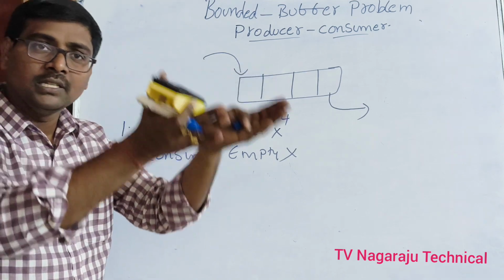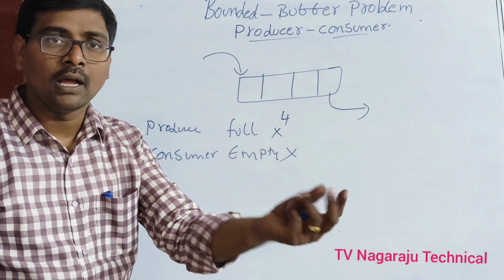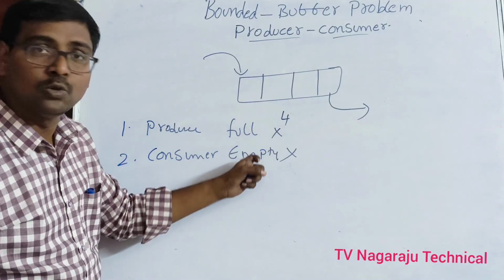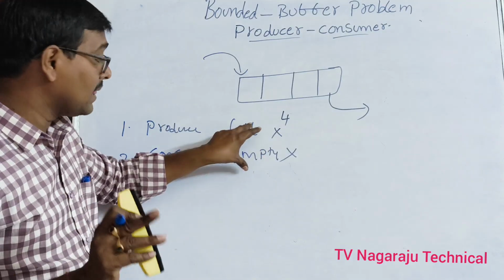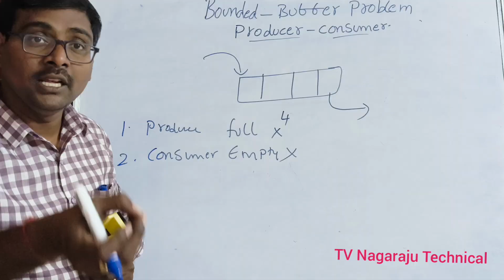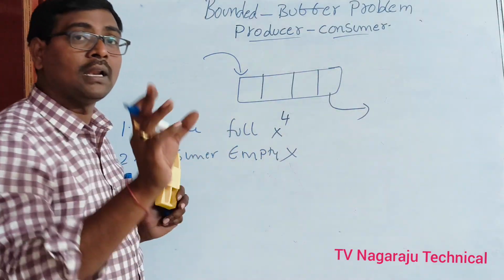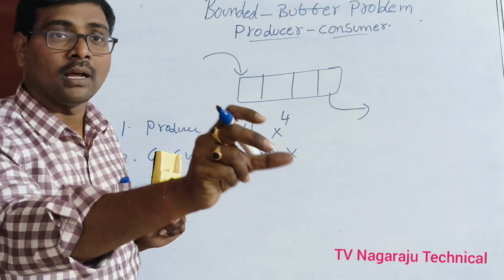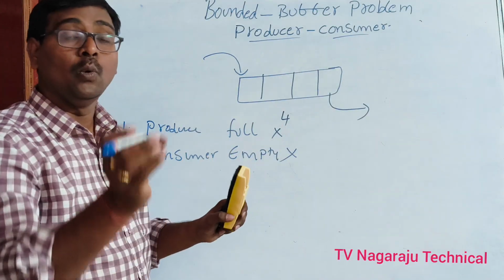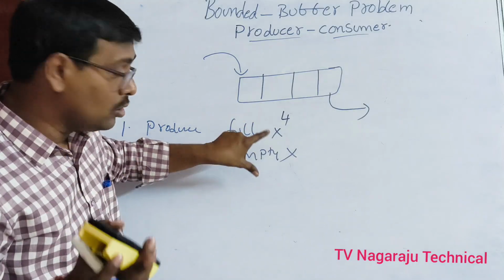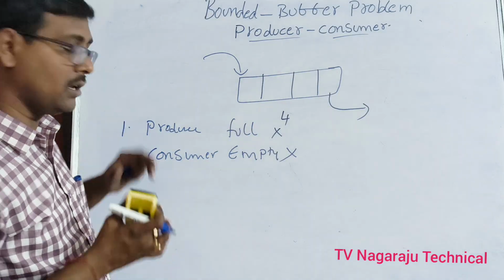Why? The buffer is empty, it does not have any data, so it is not possible to remove the data. So these two are not allowed. That means we need to design a solution such that if the buffer is full, you are not allowed to insert the data, and if the buffer is empty, you are not allowed to remove the data. So we need a solution to overcome these scenarios.